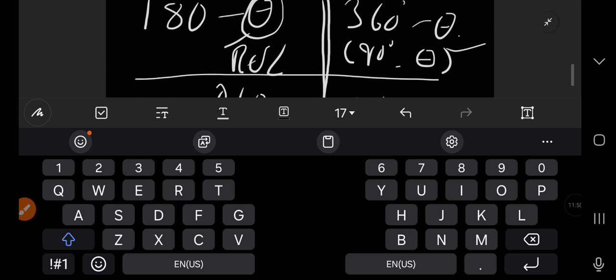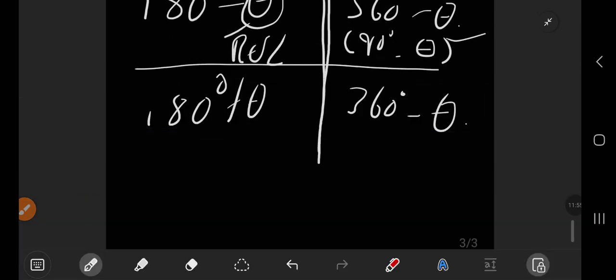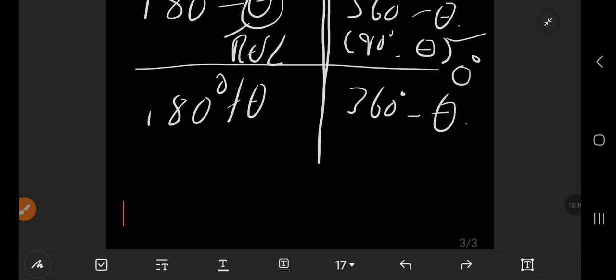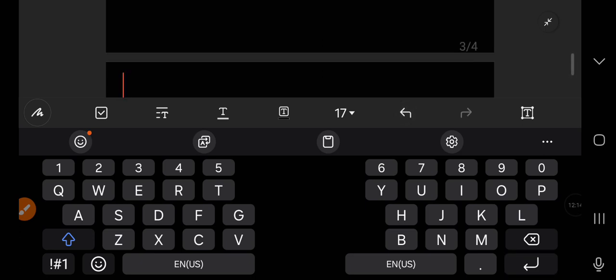Let me remind you that in the first quadrant it's 0 degrees on the x-axis, moving up to 90 degrees. So in the first quadrant it's 0 to 90 degrees, and it's positive in the first quadrant and in the fourth quadrant.